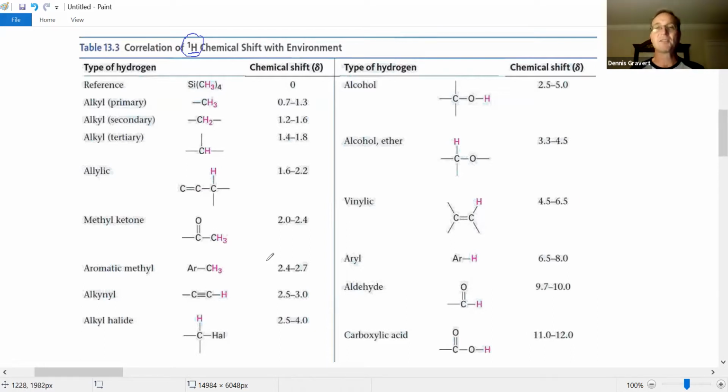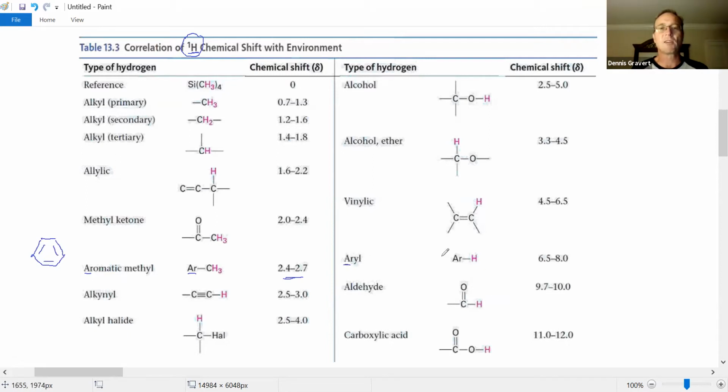You will have to be flexible here too. So if the peak's at 2.2, you might say, wait, 2.2 doesn't look like it's in this range. It's actually close enough. 2.2 says maybe it's a hydrogen on a carbon next door to an arene, right? That's a match. Aromatic compound, we're talking about benzene, an arene.